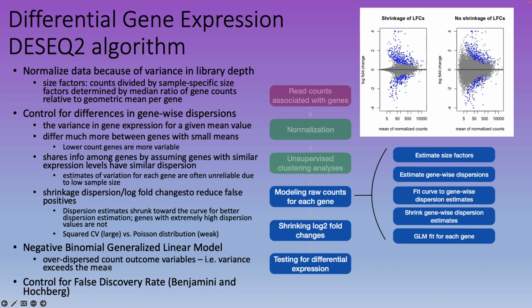And to do that, we actually use something known as a negative binomial generalized linear model. This is basically a specific kind of generalized linear model, which we can use for significance testing, where we know that the variance, these overdispersion estimates, actually exceed the values of the mean.